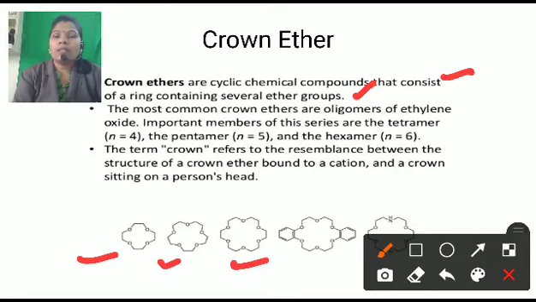Why is it called a crown ether? Because whenever a metal is bound in this ether structure, it looks like a crown on a person's head. That's why it is called a crown ether. These are some examples of crown ethers.